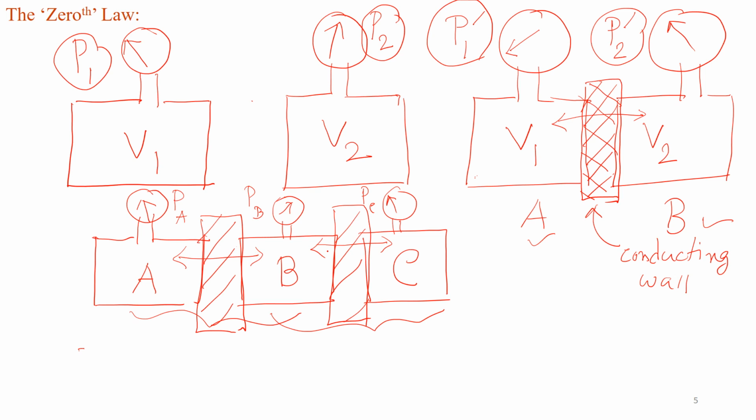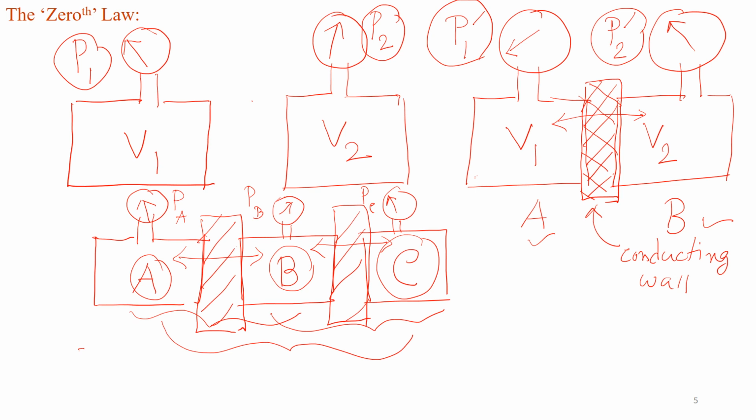The Zeroth law says if two systems, say A and C, are in thermal equilibrium with another system B, the two systems should also be in thermal equilibrium with each other.